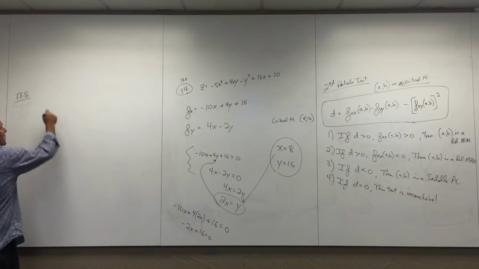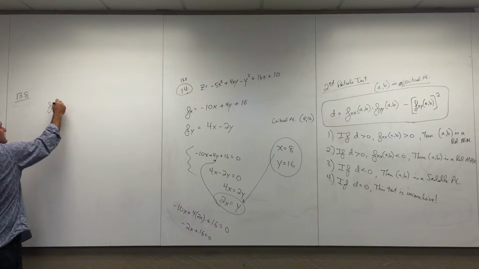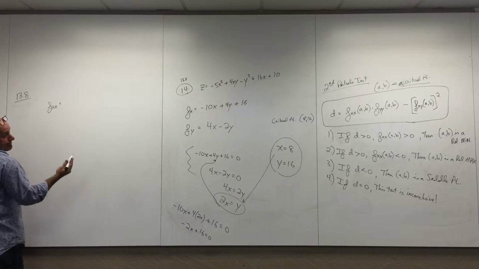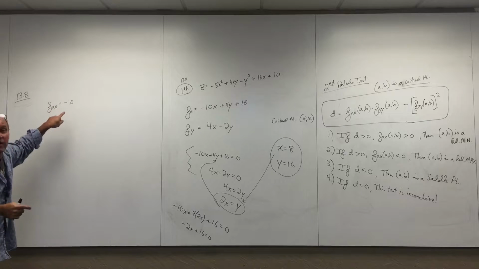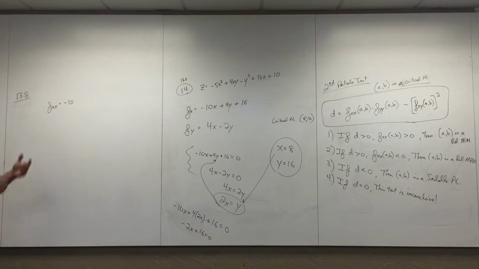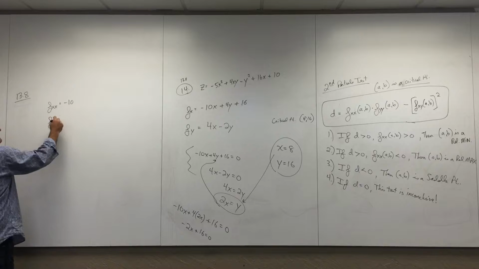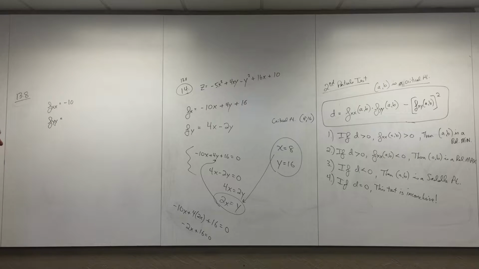Watch. What is fxx? Negative 10. I'm supposed to plug a point in there, but there's nowhere to plug a point in, so its value will be negative 10. I need fyy. Fyy is negative 2.